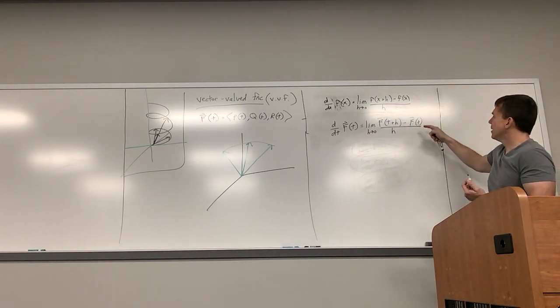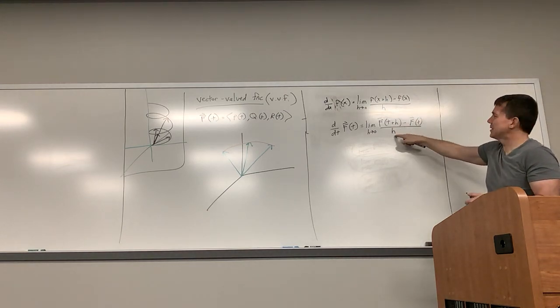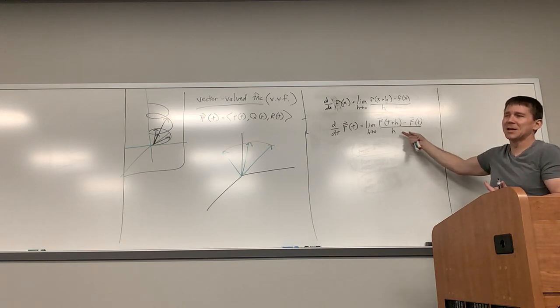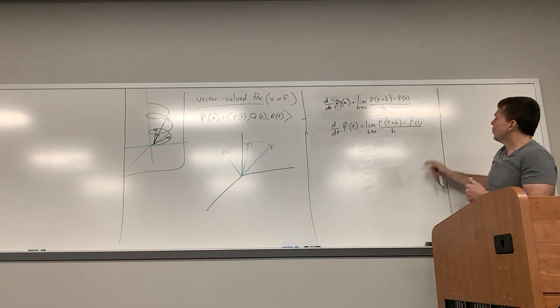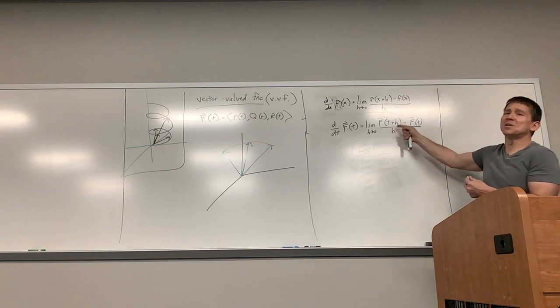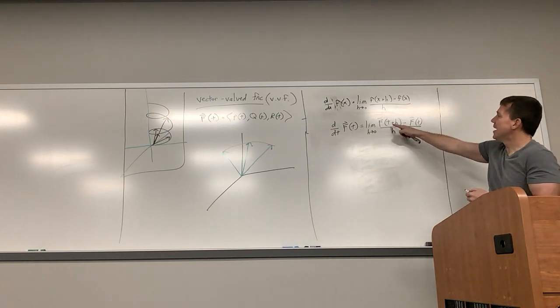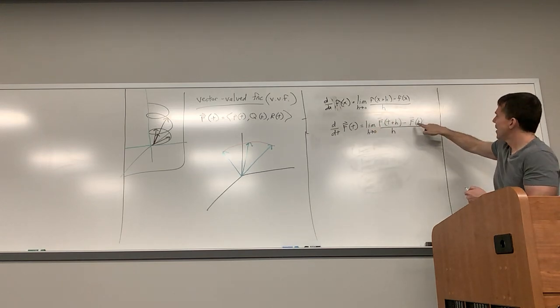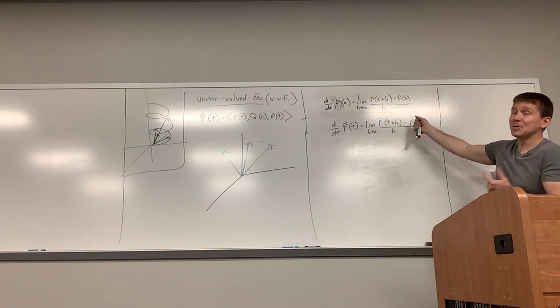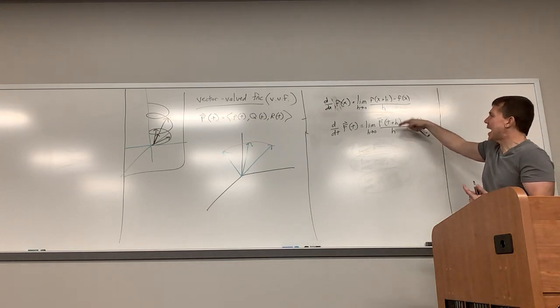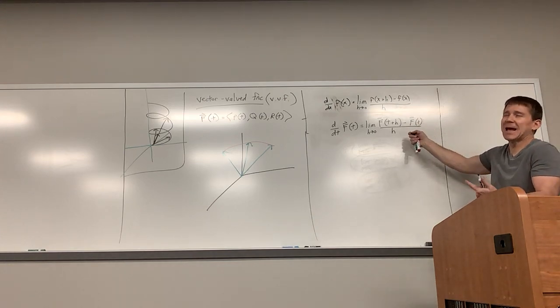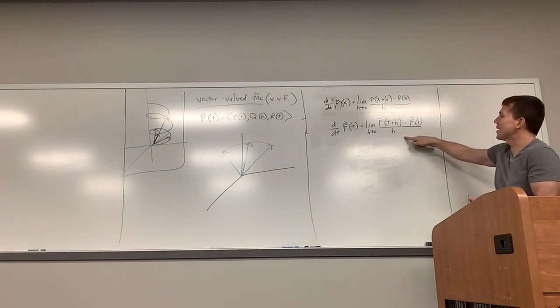Division, in this case, since h is a scalar, is just scalar multiplication, which is well defined, which means this does make sense. If I had some vector valued function f of t, I could find f of t plus h, plugging into each of the component functions. I could find f of t, subtract them component-wise, and divide by h, which is just scalar multiplication by 1 over h.